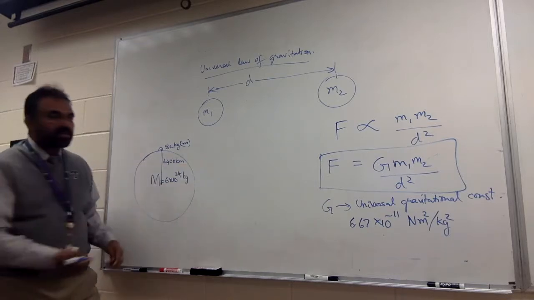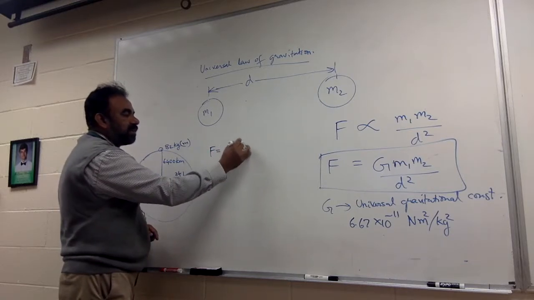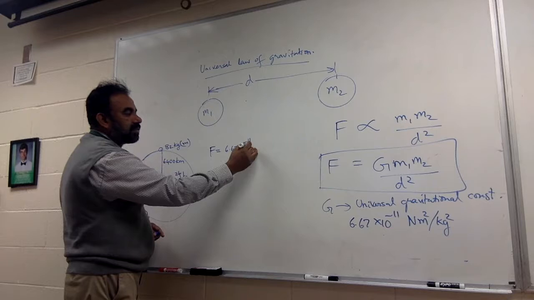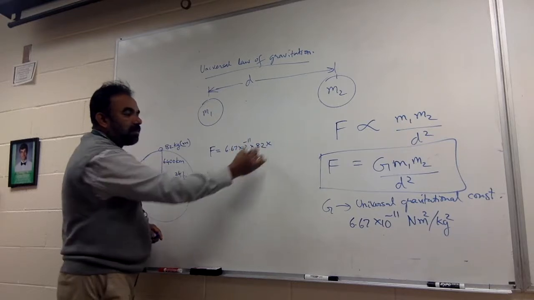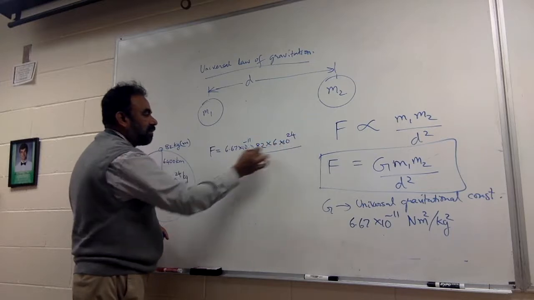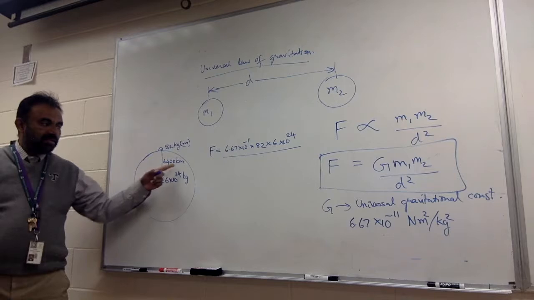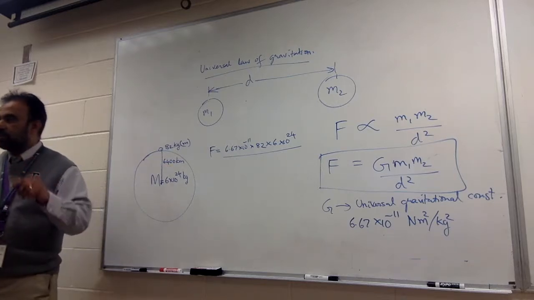So apply that equation. F is equal to 6.67 times 10 power negative 11 times 82, that's my mass, times 6 times 10 power 24, divided by, what's the distance? This is in kilometers. You can't keep kilometers.